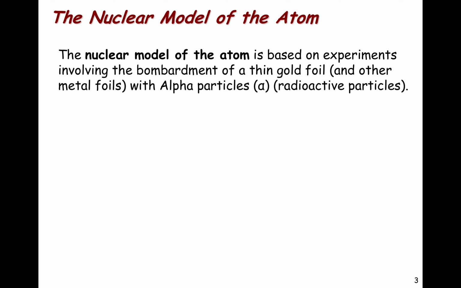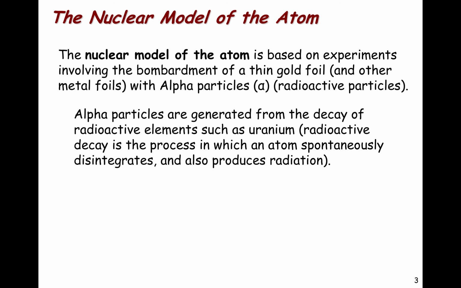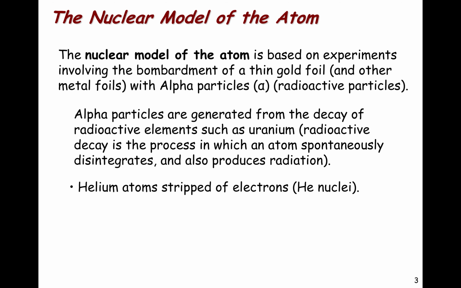These alpha particles were focused on very thin sheets of gold, known as gold foil, and the interaction of the alpha particles with the foil provided quite a lot of information about the structure of the atom.